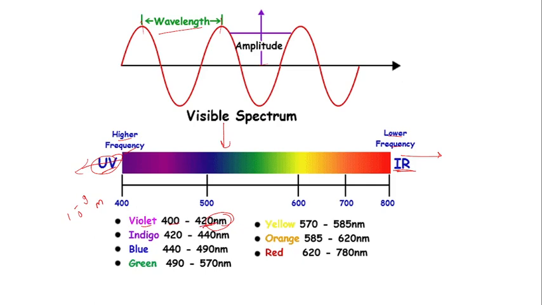But when you move from violet to red, it is 620 to 780 nanometer, which means the wavelength is increasing. Suppose violet is like that, then red will be like that, so the wavelength is higher for red compared to violet. For this purpose I added this slide, so you can understand.